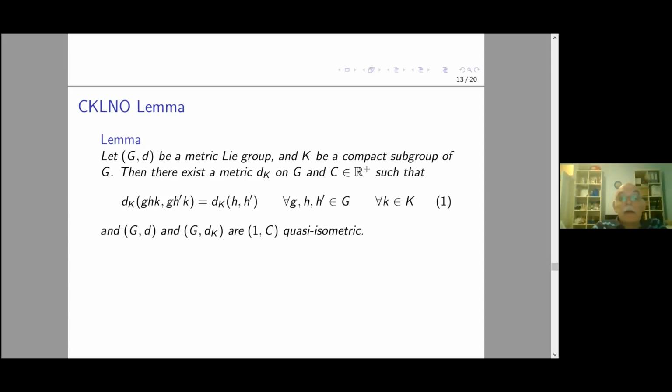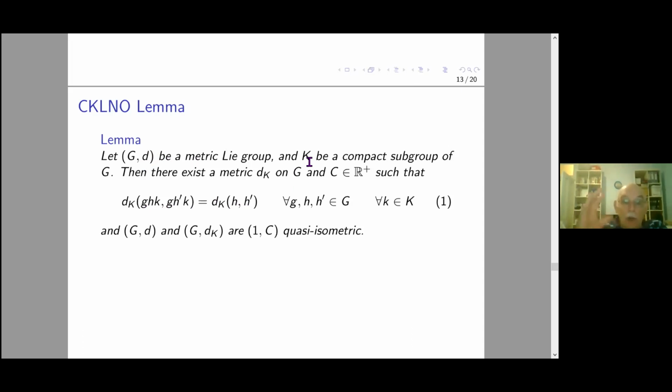And so here is a lemma. This is just a technical lemma. If I have a metric Lie group with a compact subgroup, a metric Lie group meaning it has a metric d with a left invariance property, d(gh, gh') is the same as d(h, h').